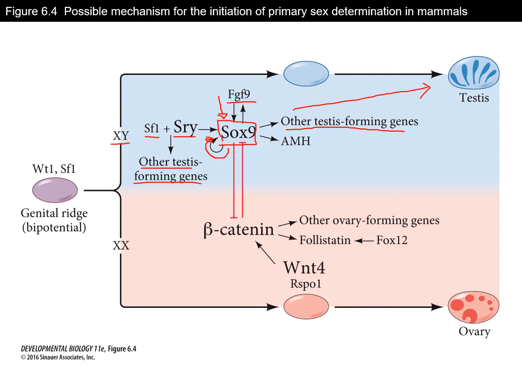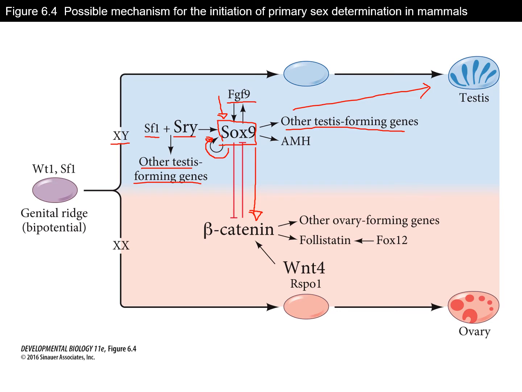Now, how this interacts with females is that SOX9 is something that represses beta-catenin. And then if this is suppressed, there's no way that ovaries can form. So if we have SRY, it leads to the expression of SOX9, which prevents ovary formation through blocking this beta-catenin.